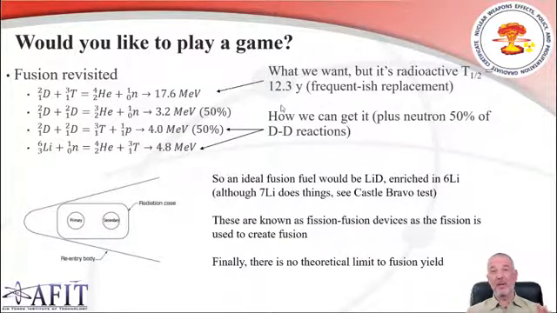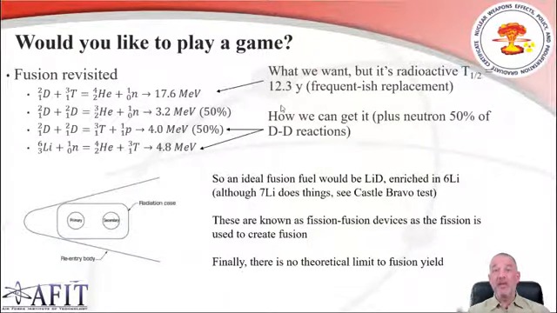Finally, the last thing I want to talk about is the fact that theoretically there's no limit to a fusion yield. That is, the limit to fission devices is that exponential curve of energy being deposited over time. Eventually, you get to the point where there's just too much energy and there's no way to hold it together. Fusion's quite a bit different because the fusion can all happen basically at the same time, right?